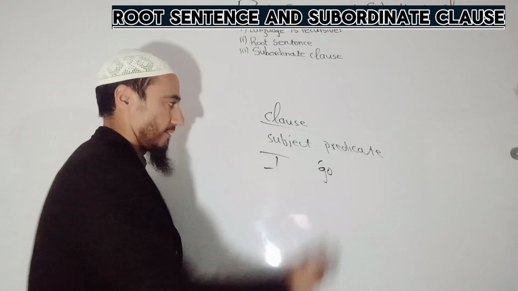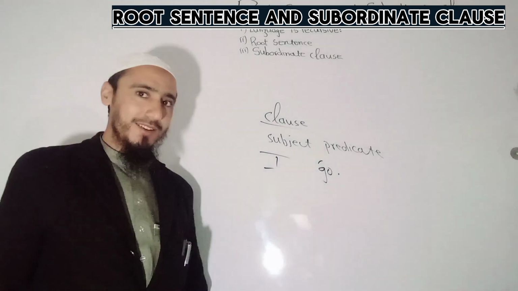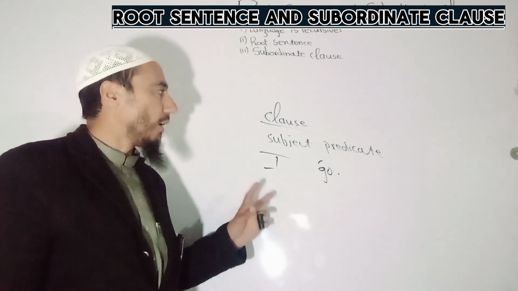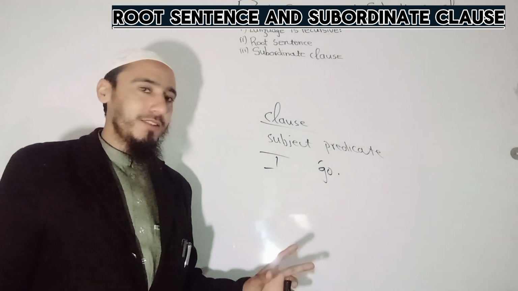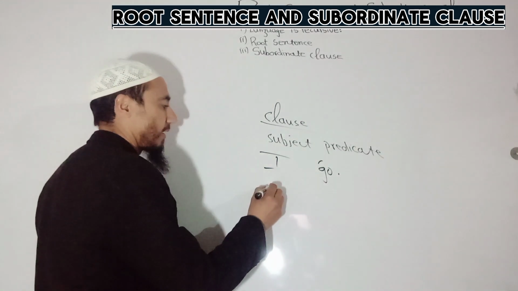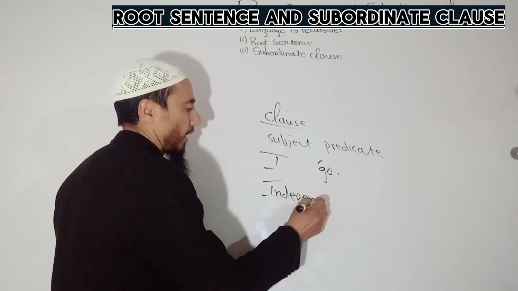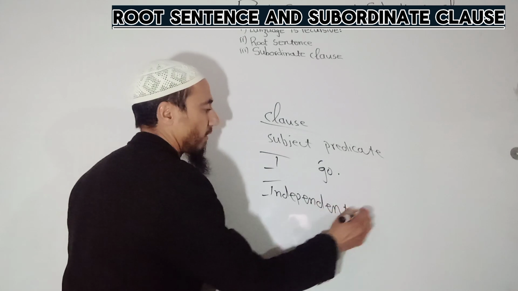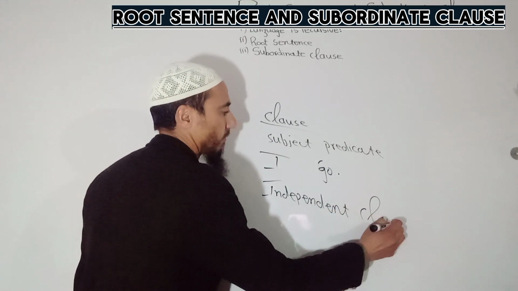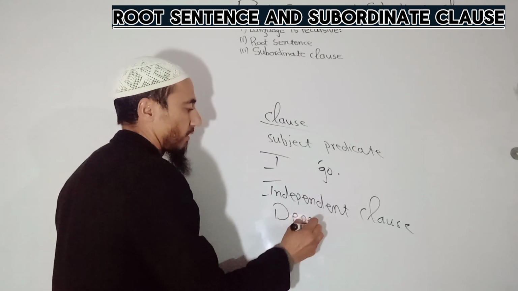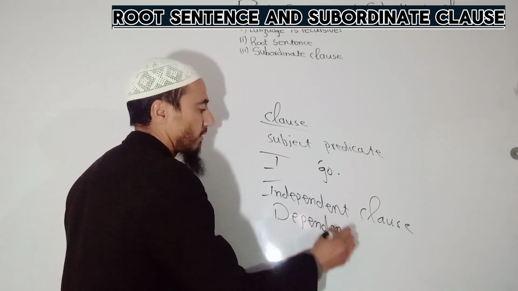It is a clause, and it is also a sentence, like a simple sentence. Okay. Now, there are 2 types of clause. The first is known as independent clause. And the next one is known as dependent clause.